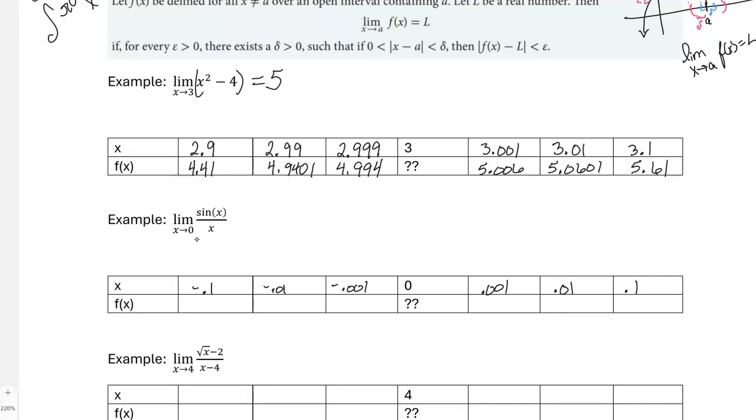So I'm going to type all these values in off screen. So I got 0.9983, 0.9999. Now this would really round to 1, but I want to show there's a little bit of a difference there.